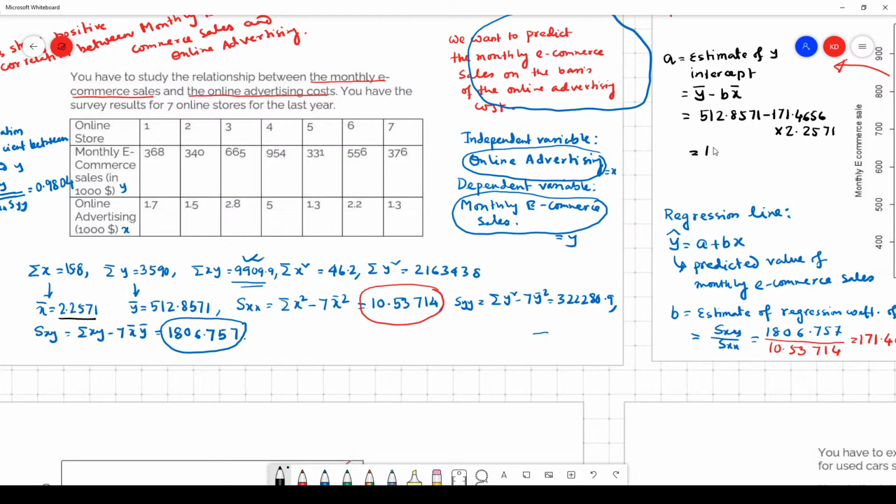According to my calculation, I got this value: 125.8349.